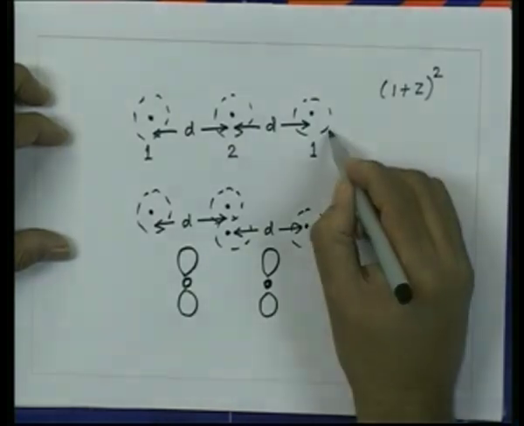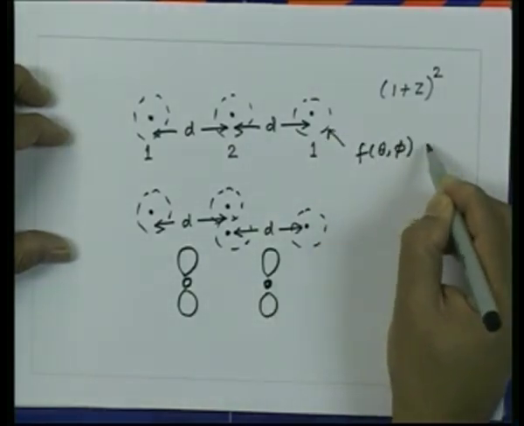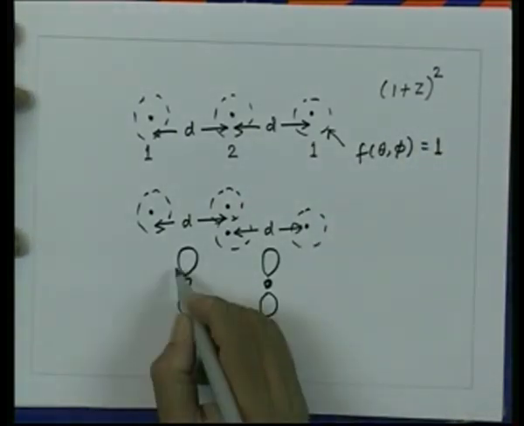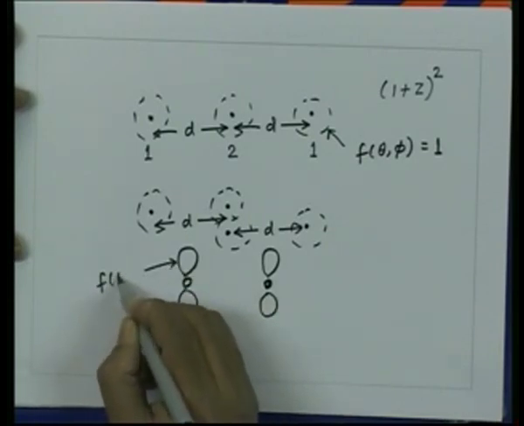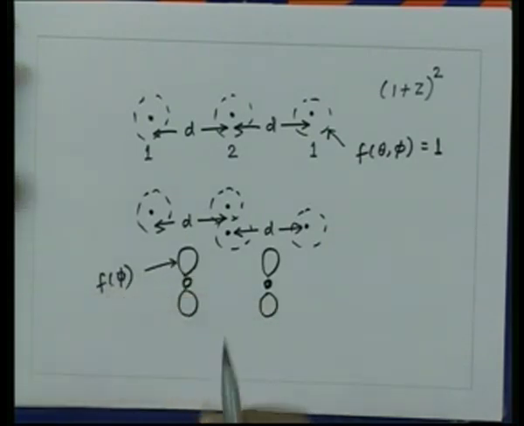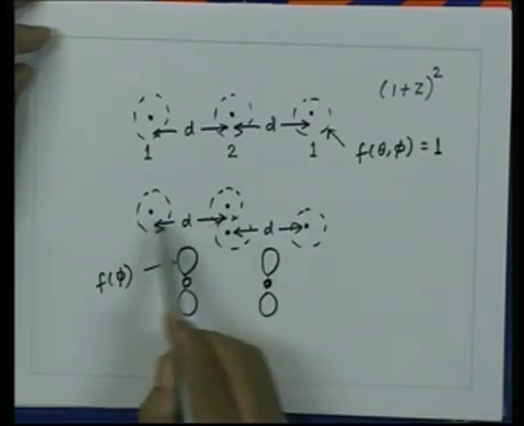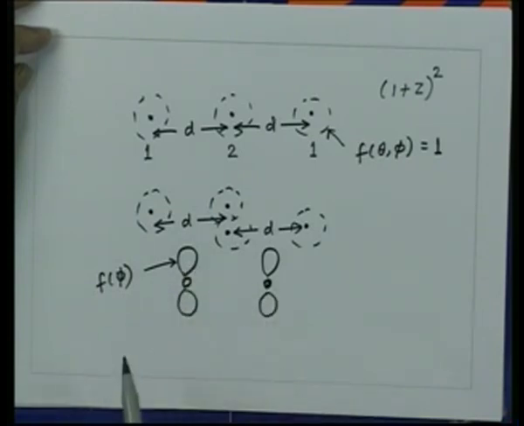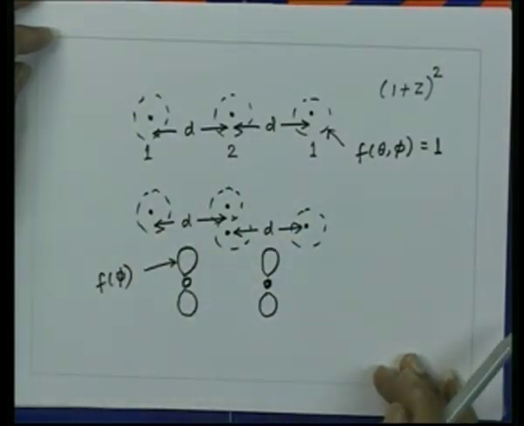So, in this case your phi of theta phi is equal to 1 because the radiation pattern is isotropic, whereas now in this case you have a pattern which is f of phi. So, essentially what we can do is first we can find out the radiation pattern of these 2 elements, which is f of phi, then you find out the radiation pattern of this, and the product of the 2 will give the radiation pattern of this 3 element array.